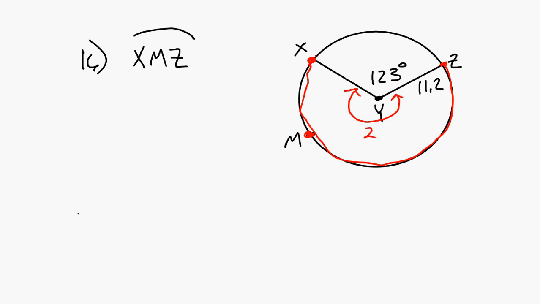I took 360 and subtracted 123, because these two angles have to add up to 360. So now you can go to your formula, and you can say that arc XMZ equals your central angle that corresponds to your arc, which is 237, divided by 360 times 2 times pi times 11.2.